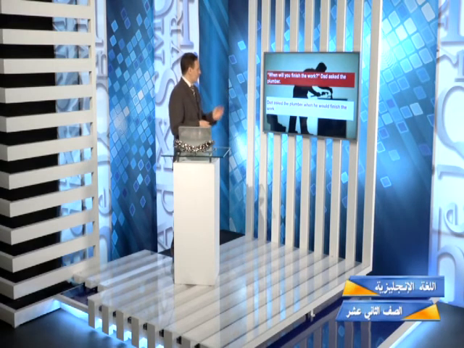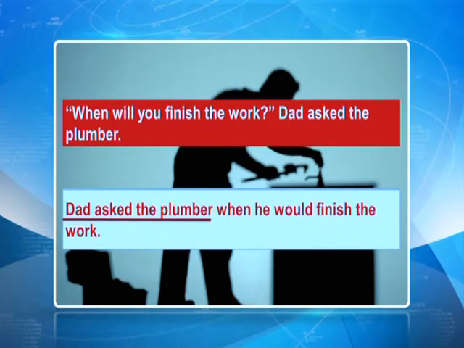Okay, so here let's go through this one step at a time. Dad asked the plumber, this is the reporting phrase, and then we omit the inverted commas, and we use the WH question word, when, and then this is not a direct question, this is an indirect question. And what is special about indirect questions is that the word order is the same as a normal sentence.